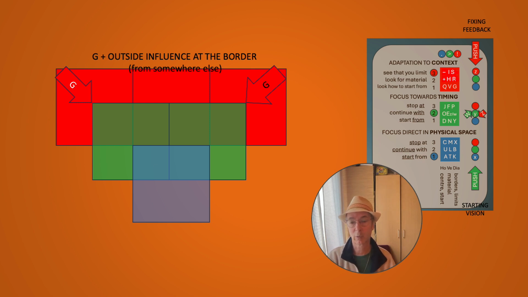And that's where we already start with the G, is that outside influence, which is also at the border of what we can see and sense. It's because it's coming from somewhere else. That's what the G usually is.